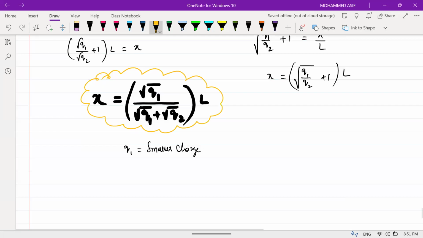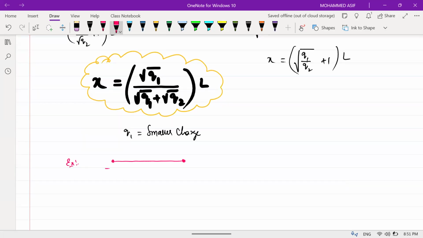If I have two charges here, one is plus q, another one is 4q, and in the middle there is a third charge q kept at a distance of x. Find x. What is the smaller charge? x is equal to root q divided by root q plus root of 4q, into the distance between them, say L, into L. So this will be equal to how much, beta?